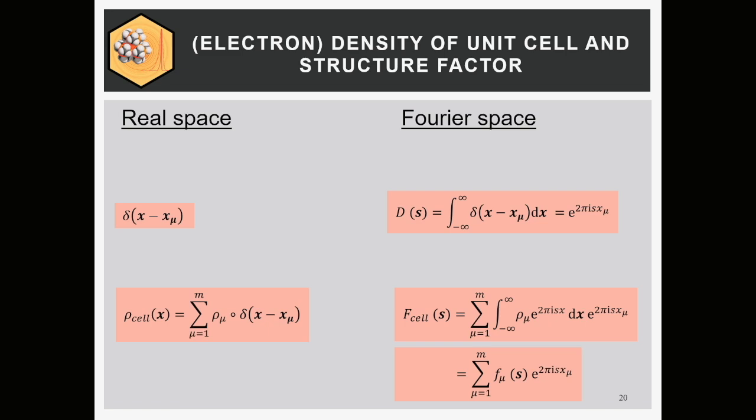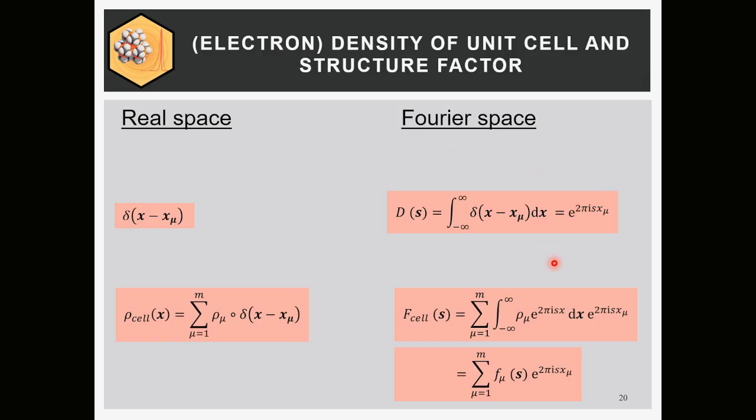So we replace the entire atom by a single density here, and we fold it with a delta function. The only purpose of this delta function is to point from the origin of the unit cell to that particular atom, okay? And if you do this here in Fourier space, this is what comes out.